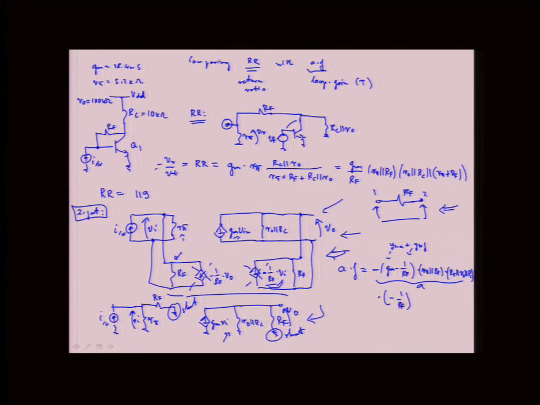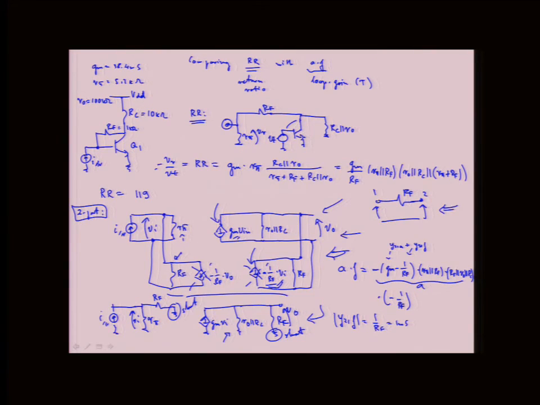So now, if we want to check the unilateral assumption, we have to figure out the relationship of Y21F, which is in this case 1 over RF, that's this block over here, and this forward active piece. So in our case, this is 1 millisiemens, because RF is 1K. Sorry, I didn't write it. 1K.